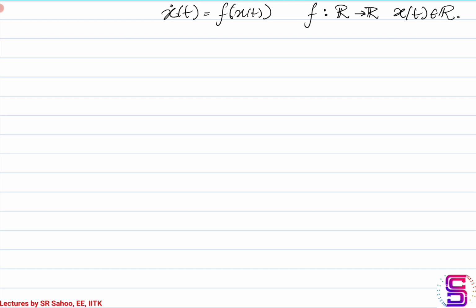So let us say that f of x is x squared, which essentially means x dot is x squared. This is the system that we are considering for this particular example.